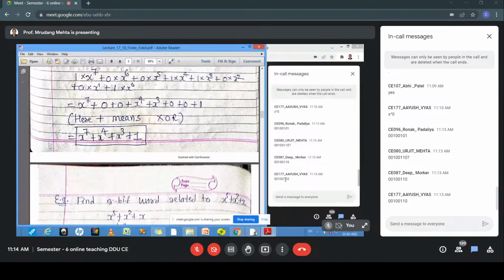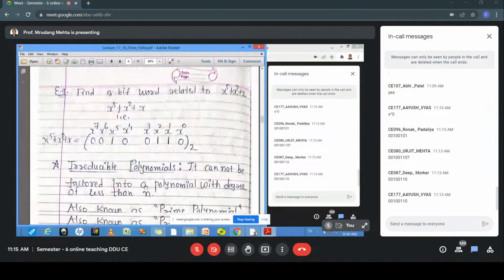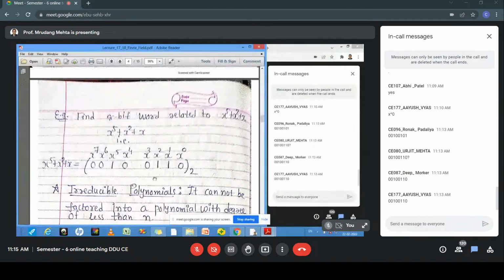So the third last bit is also 1. Then x raised to 3 and x raised to 4 are 0. Then x raised to 5 is 1. Okay, x raised to 6 and x raised to 7 are 0. And that is why we have the number 0, 0, 1, 0, 0, 1, 1, 0.